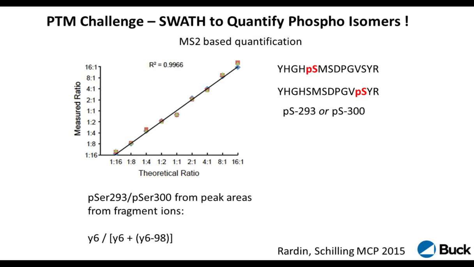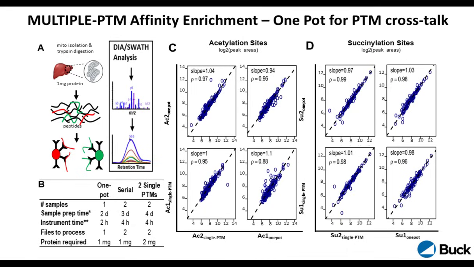At the same time, we are also combining this with a new workflow that we have recently published on. It's kind of funny, we call this the multiple PTM affinity enrichment, or in the lab we call it the one-pot enrichment. What that means is, instead of using just one of these PTMScan antibodies, say first an acetyl antibody and then a succinyl antibody, either from different tissue starting material or from serial enrichment, we would just mix all the antibodies in one tube, in one pot, and do the enrichment from one piece of tissue and enrich at the same time for acetylation and succinylation.